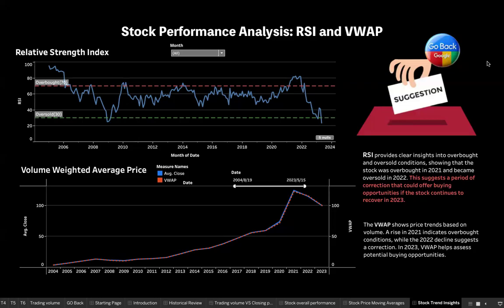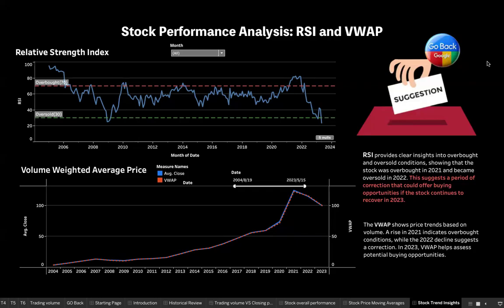In 2023. So below we have the VWAP graph, which combines both price and volume data. The blue line represents the average close price, and the red line represents the VWAP. So in 2021, we can see a significant rise in both, which indicates overbought conditions, which aligns with the RSI at that time.